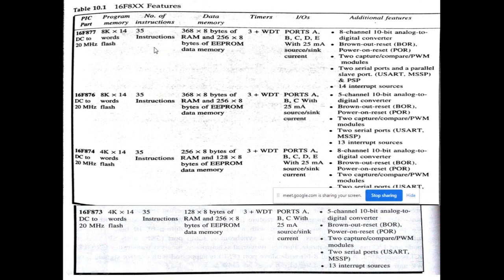That means whatever program you run with 16F877 is executable with any of these family members because the instruction set is the same. That's what they have maintained. Is it clear? These are the features of this highest PIC family member. This member we are going to study in detail in this unit.